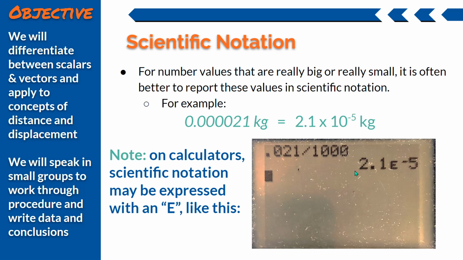But if you are using a graphing calculator or scientific calculator, this is the standard way the calculator denotes scientific notation, with a capital E. So if you see 2.1 E negative 5, that means 2.1 times 10 to that exponent. So 2.1 times 10 to the negative fifth power. If you've never seen that before, make a note that that's what that E is representing. That is scientific notation.